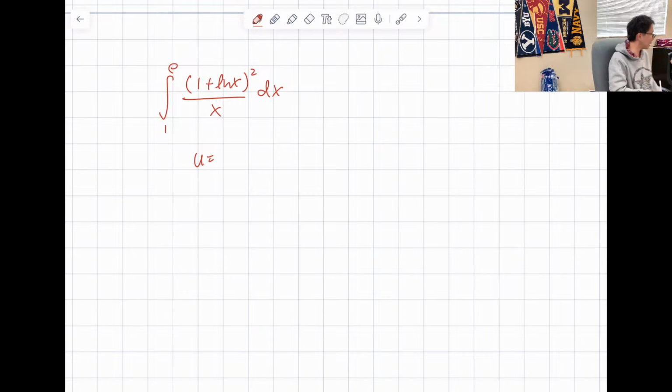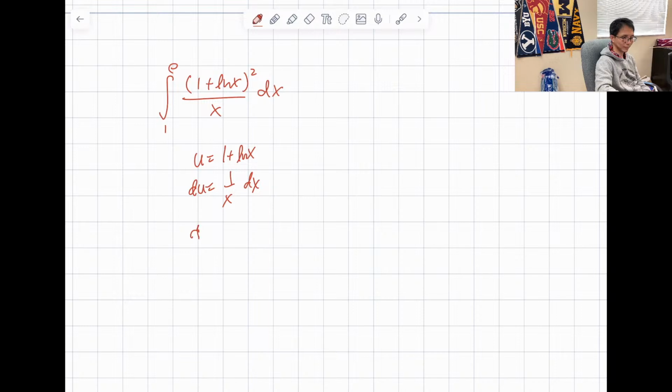Is that even the homework? You didn't finish, I know. I got to the trick point. u equals 1 plus ln of x. du equals 1 over x dx, and then dx equals x du.